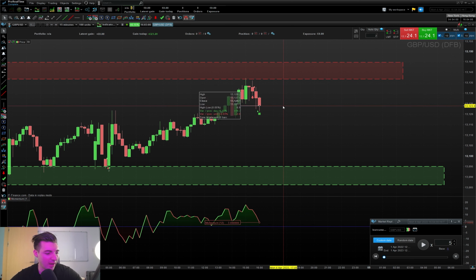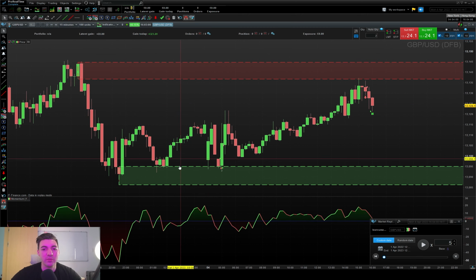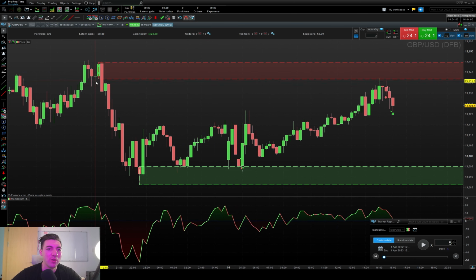So you can see what happened here. Because we've got these two zones, right? And if you watched my previous videos, you know how we identify a zone is looking for the wick to wick candle before a major movement happens. And so that would be your zone.